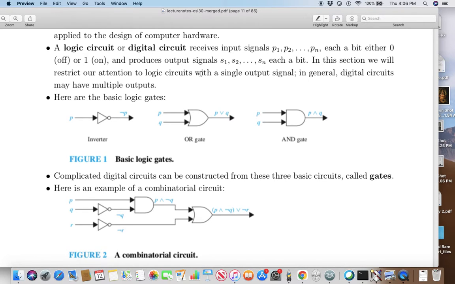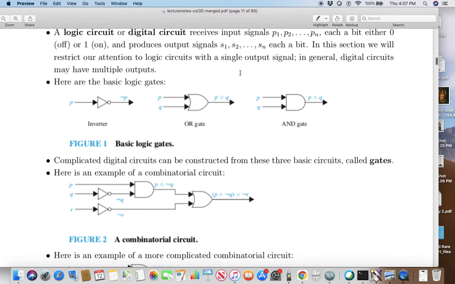Okay. So these are input signals. So either they are 0 or 1, and it produces output signals S1 through Sn, again each a bit. In this section, we will restrict our attention to logic circuits with a single output. Okay, so you get a lot of input, but the final output is single.